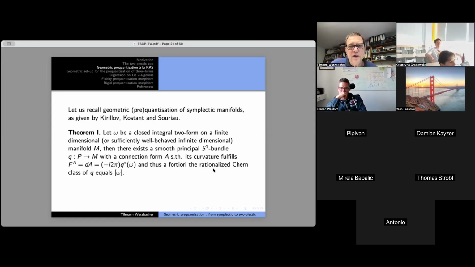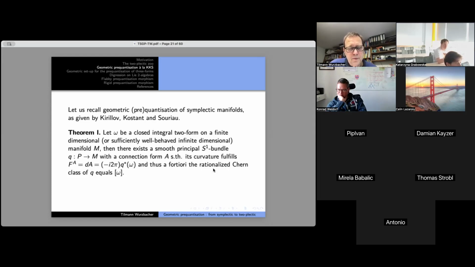It's not really symplectic. If you have a closed integral form, this means that the cohomology class of omega is integral. So either you say it's in the image of the singular Z cohomology inside the de Rham cohomology, or you say you take a closed 2-cycle, you integrate, and you get an integer.